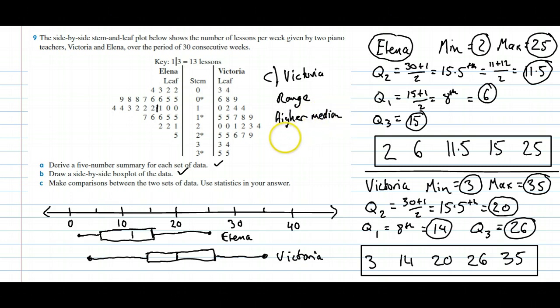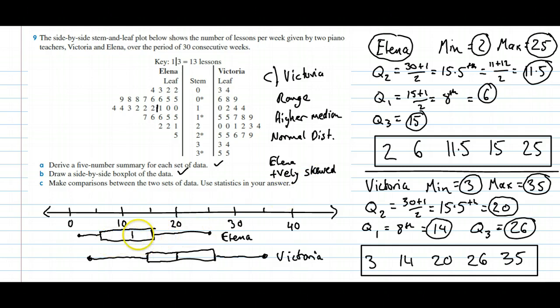Her data was more like a normal distribution, whereas Elena's was positively skewed. That's a little plus sign for positively skewed.